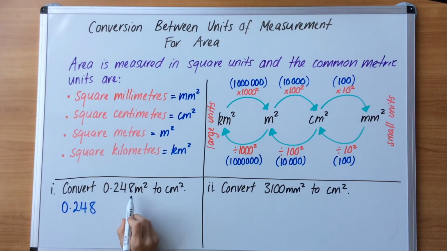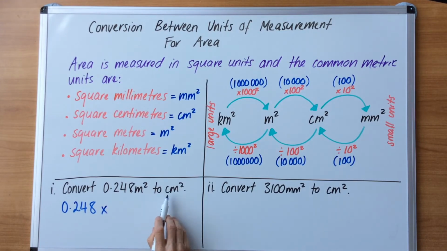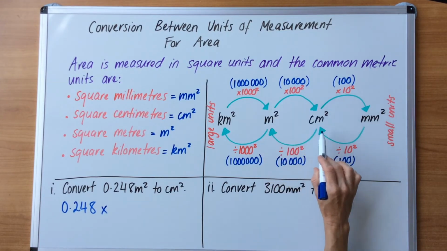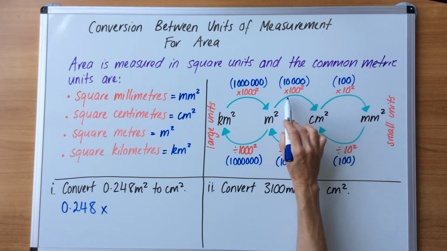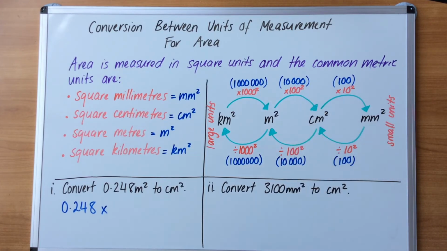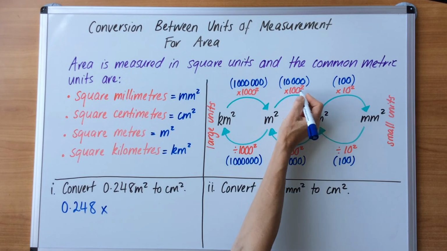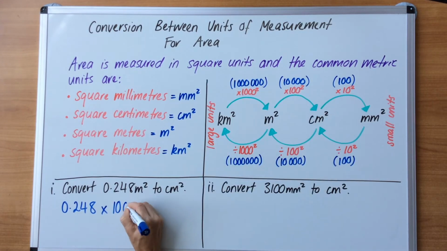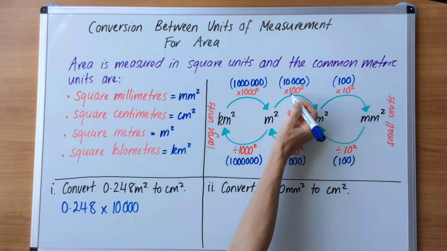I don't need to put all the metres and centimetres squared through the calculations. And because I'm going from metres to centimetres, I have to multiply by 100 squared. Now, I don't have to write 100 squared. It's up to you. I can also write 10,000 because that is the answer to 100 squared, which means 100 times 100.